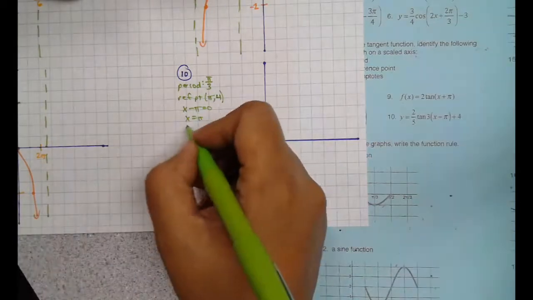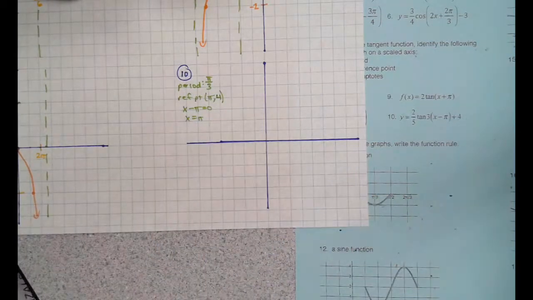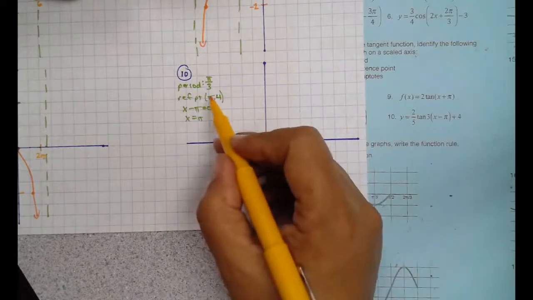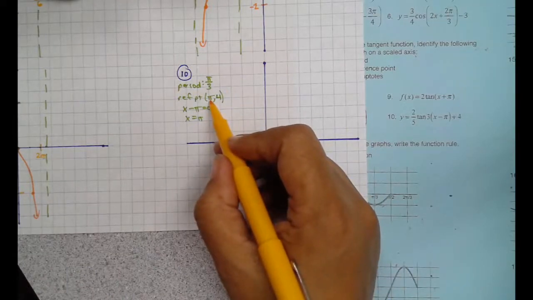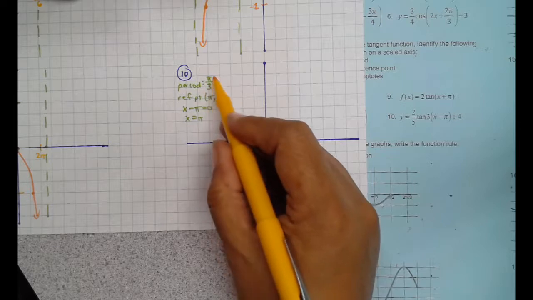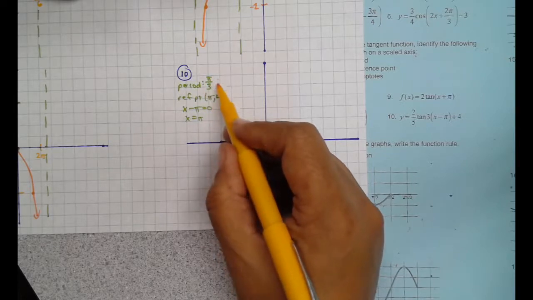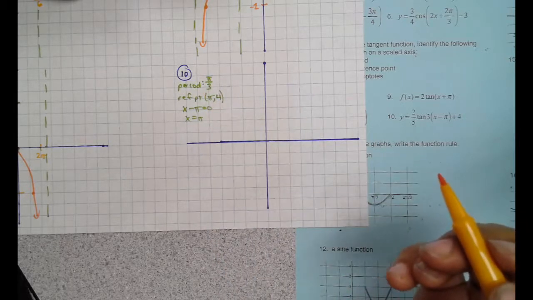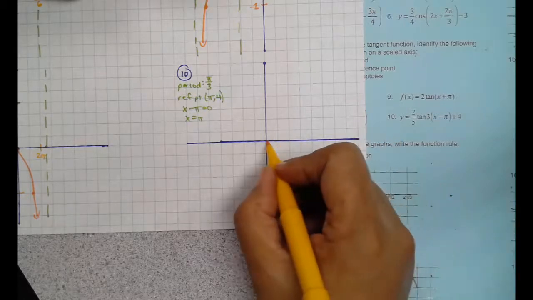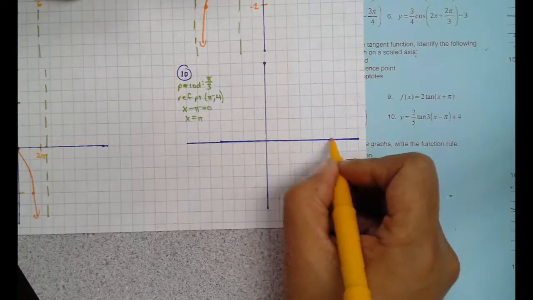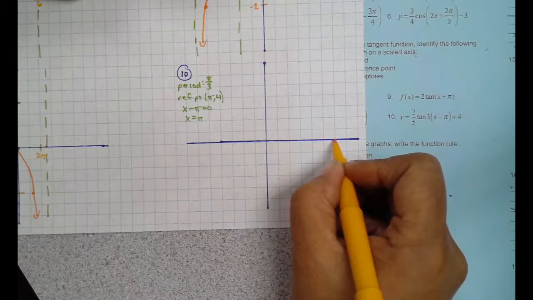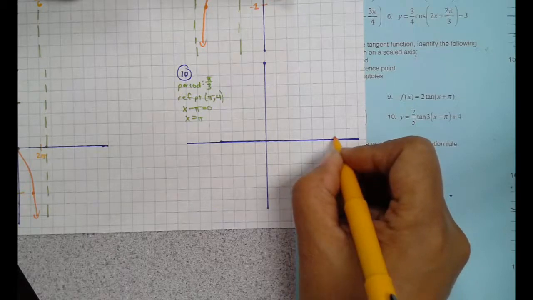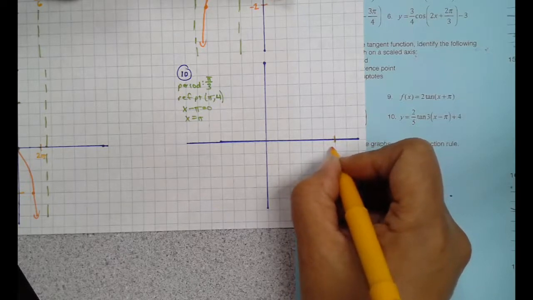And then from that, I'm going to go ahead and graph it, or scale first. So I know I'm going to start off at pi, and from that pi, I'm going to go to the right and left half of this. If I multiply 1 over 3 by 1/2, it's pi over 6. So let's see if I can go by 6s. If I go 1, 2, 3, 4, 5, 6, that's 1 pi.